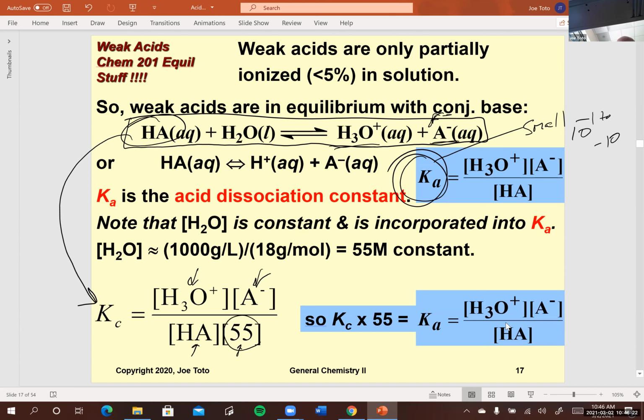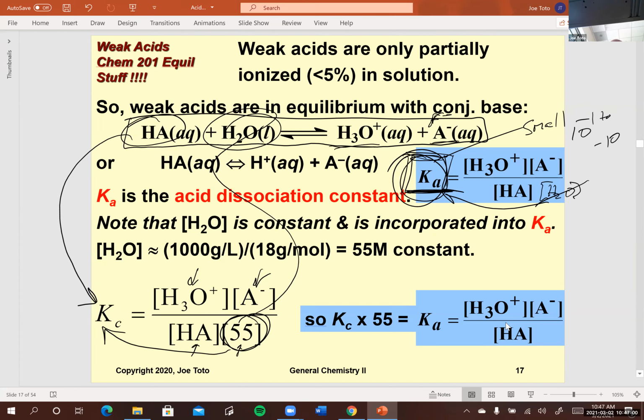But I know water, its concentration is constant, and so I can incorporate it into K, multiply both sides by 55, and what I get is Ka. And that's what you're going to find in your textbook or any reference manuals. You're going to find Kas for weak acids, and they're not going to include the water specifically in that expression because it's already in the equilibrium constant value.